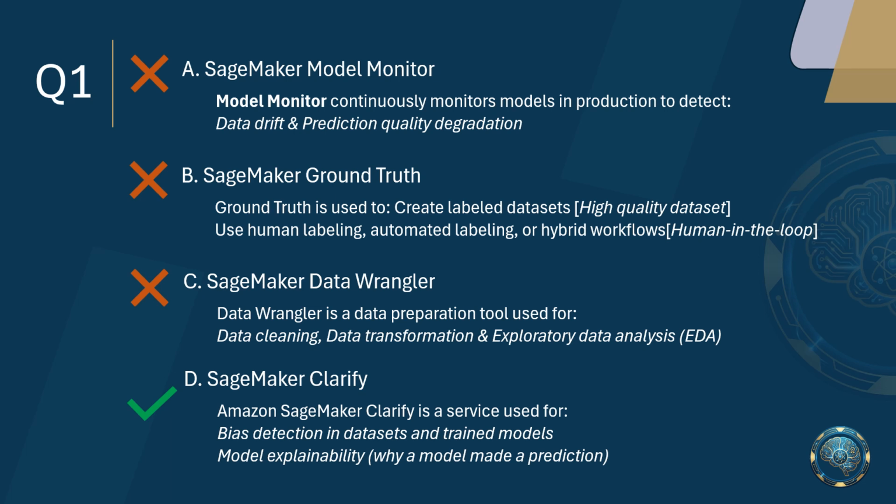Let us see a quick explanation. Option A, Model Monitor. As we said, this is meant for after deployment. After deployment, it does two good activities. One is detecting data drift and predicting quality degradation. What it means: for example, after your AI model is released into production, on day one it predicts a red apple as a red apple.